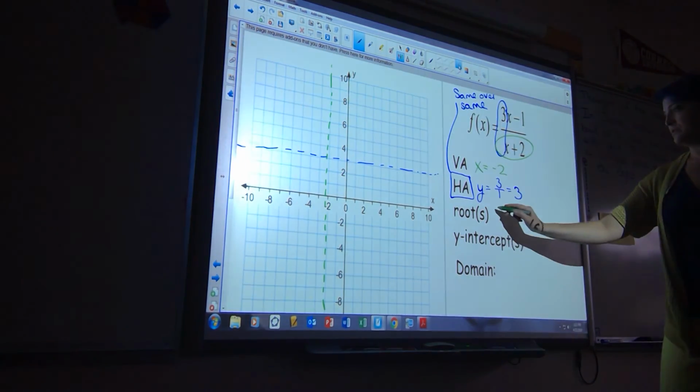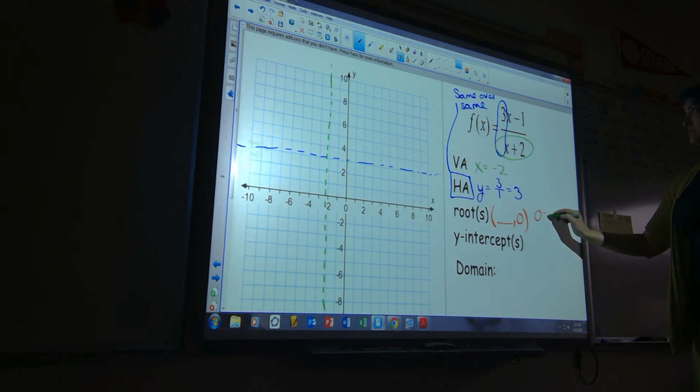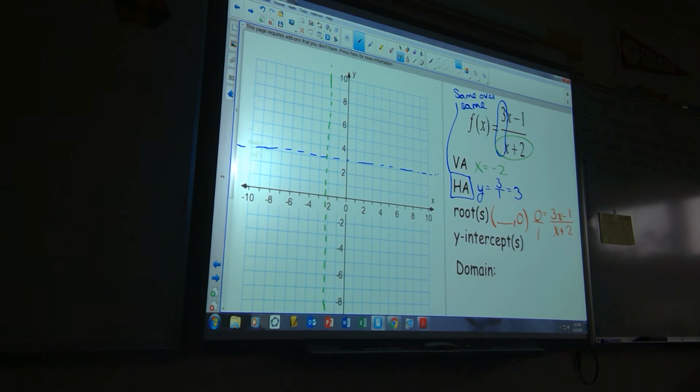My roots, let's see, 0 is equal to 3x minus 1 over x plus 2. Hey, Nate, you mentioned that when it was in same over same, it was really easy to see those. So where does the x-intercept come from? You're close. It comes from the top.